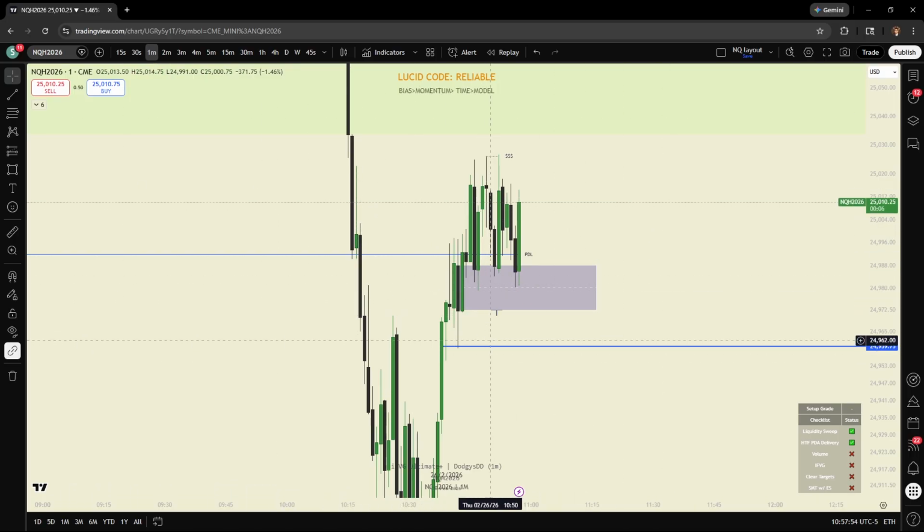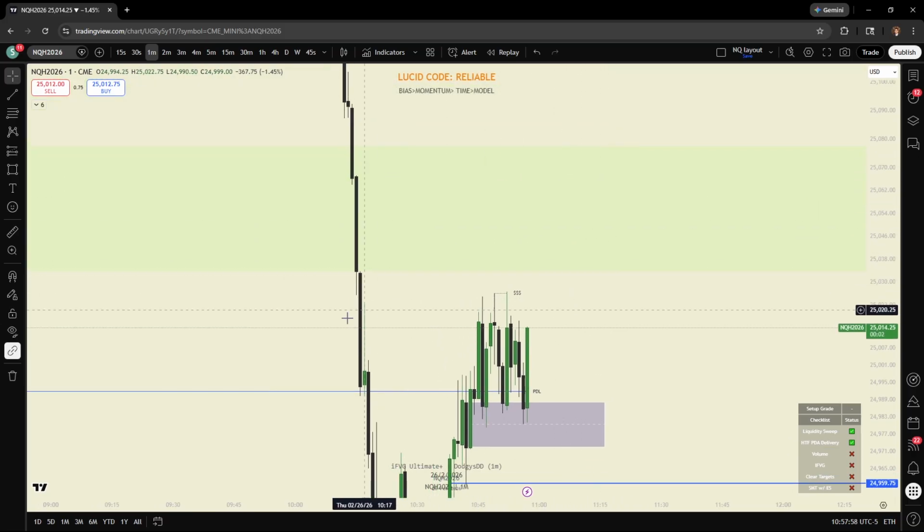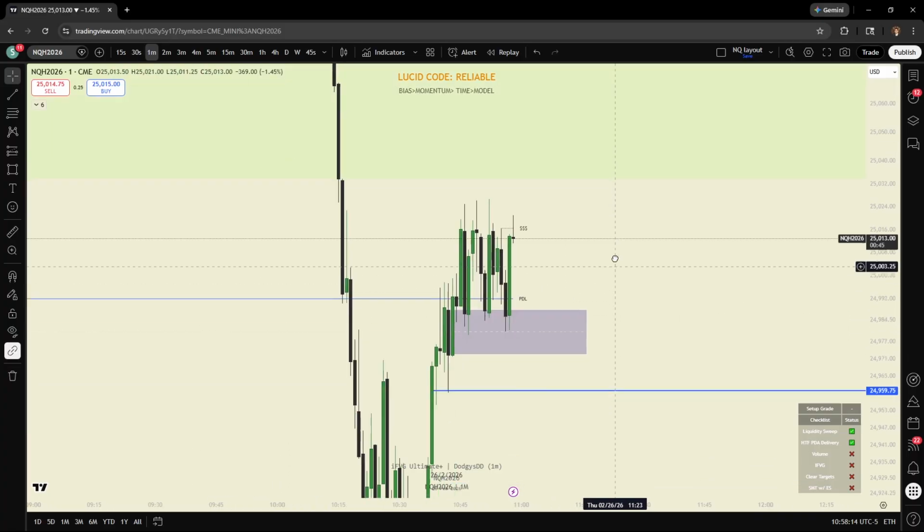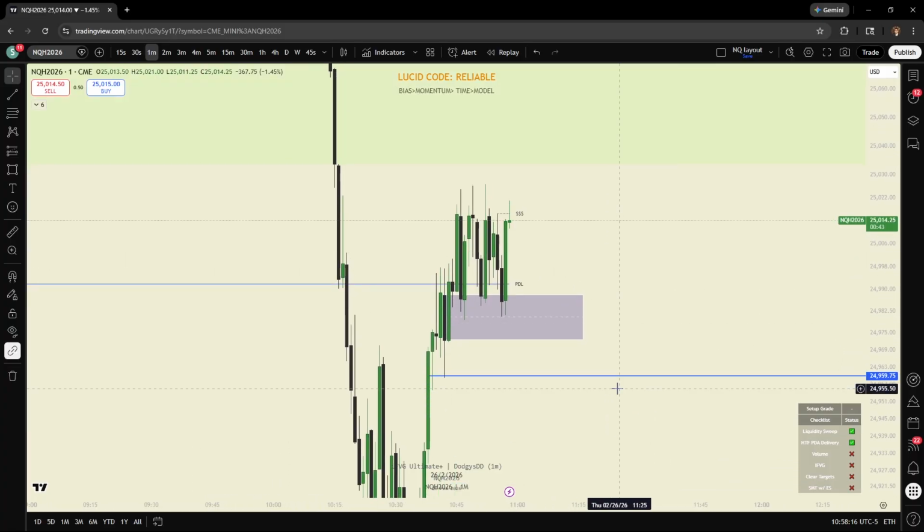So a true manipulation here would expand out of the range and tap into some unfilled inefficiency, which we haven't really gotten yet. We're still continuing to respect that order block, the main thing.